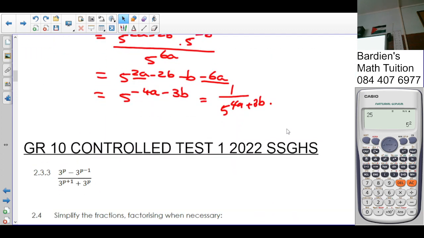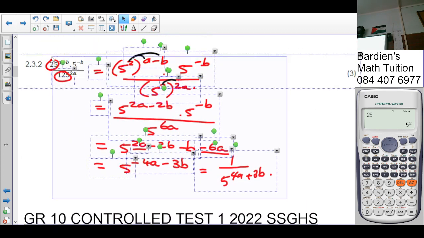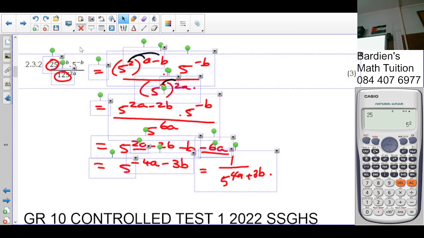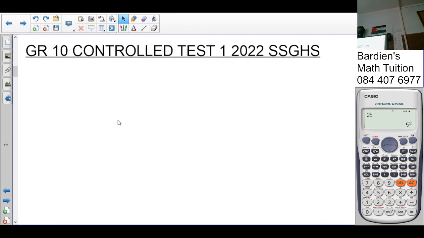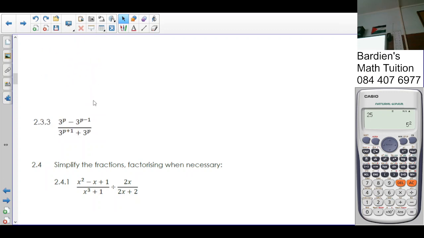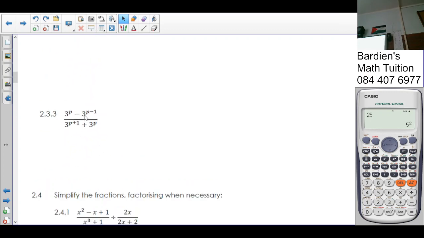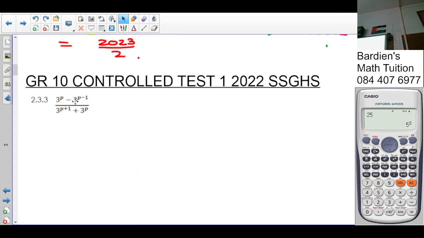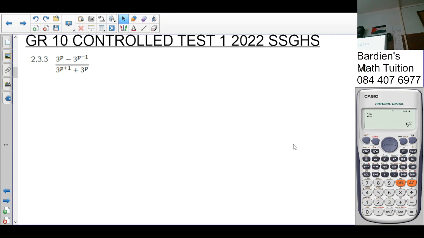Okay, the next question. So people, there's a plus or minus between it. So here, I need to break up so that I can factor it. I'll break that one up and this here.